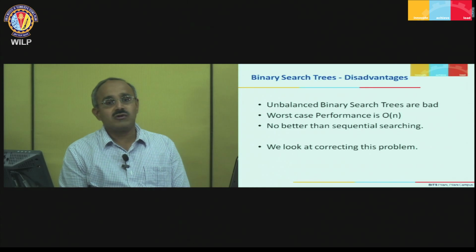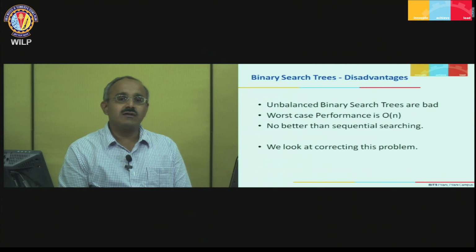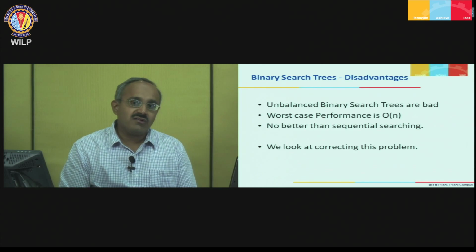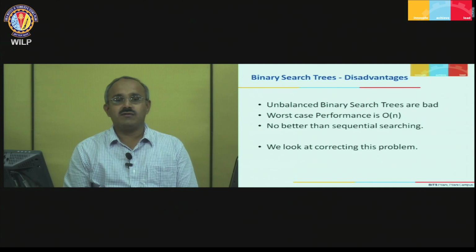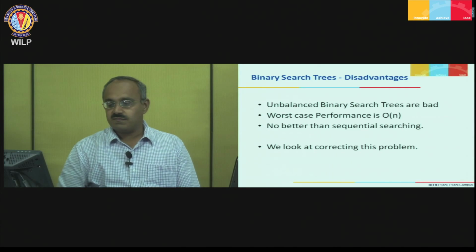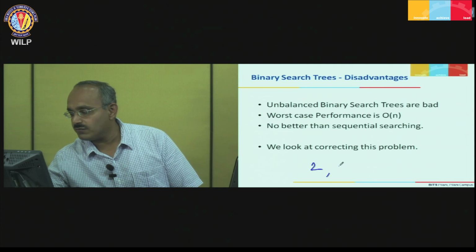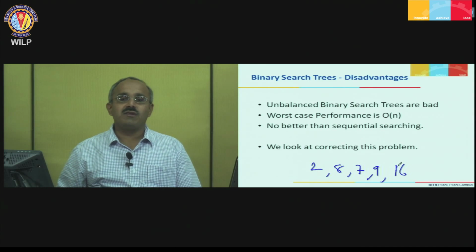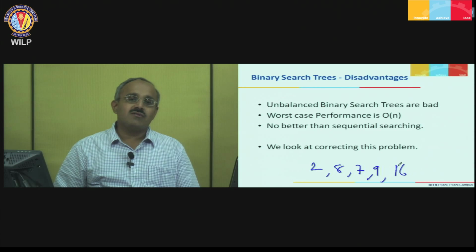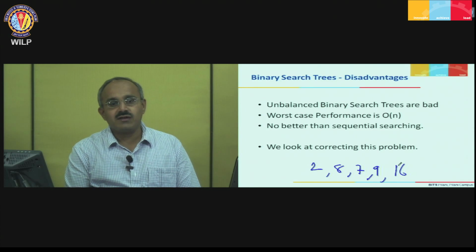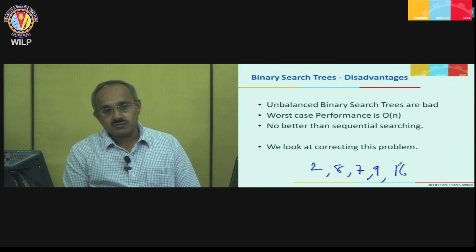Suppose you are given a sequence of keys and you want to find a particular key. Rather than using a tree structure, we can just sequentially try to find a key. For example, if I have some arbitrary sequence and you want to search for some key in it, there is no need really to construct a binary search tree with these keys and then query the tree.